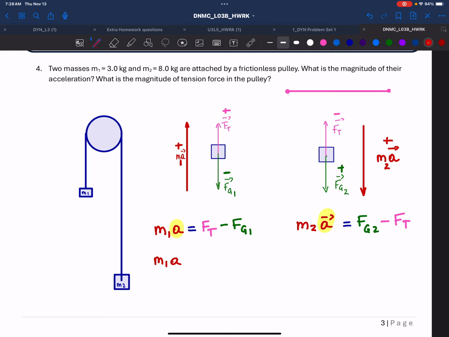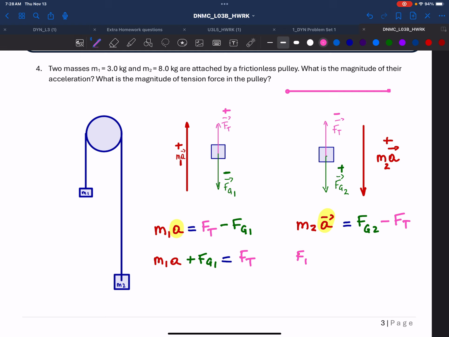So I'm going to take Fg1 to the right side, so I have all the positive numbers, and that would be equal to the force of tension. And down here I have M2A. The force of tension actually is negative, so maybe we'll bring the force of tension to the left.